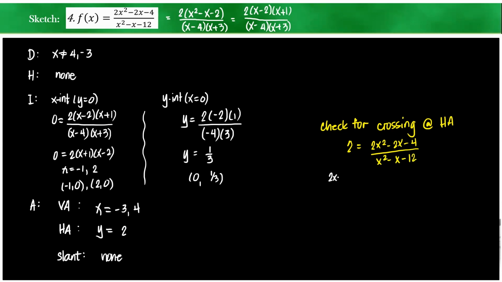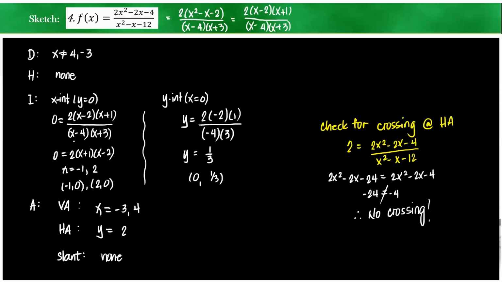So, 2x squared minus 2x minus 24 versus 2x squared minus 2x minus 4. Negative 24, are they equal? Not possible, right? Because the x's cancelled out. Therefore, no crossing.